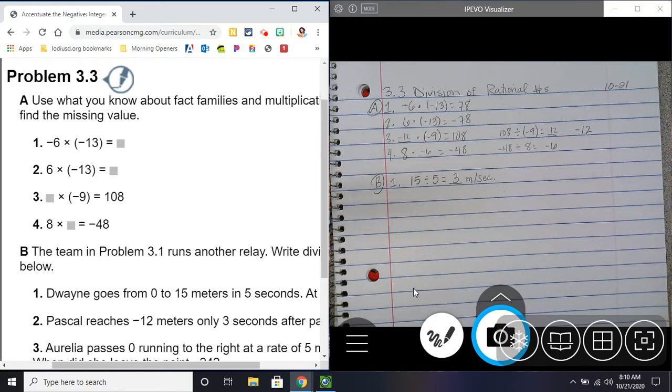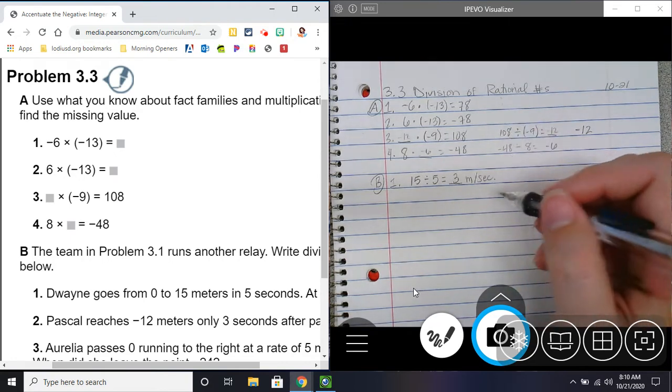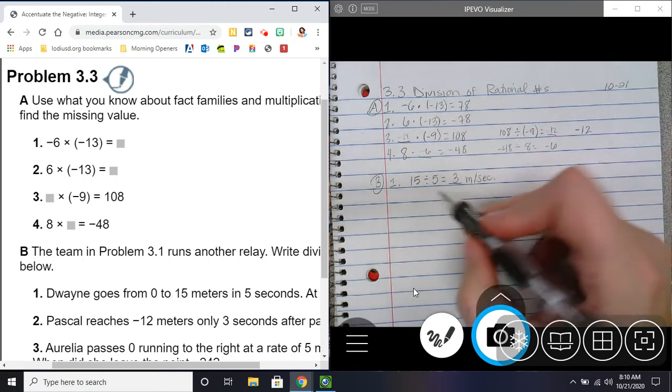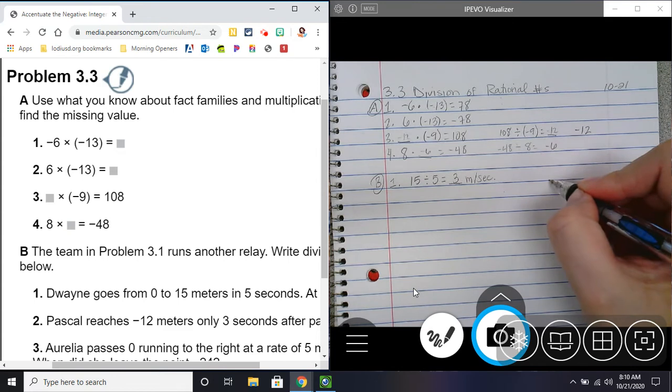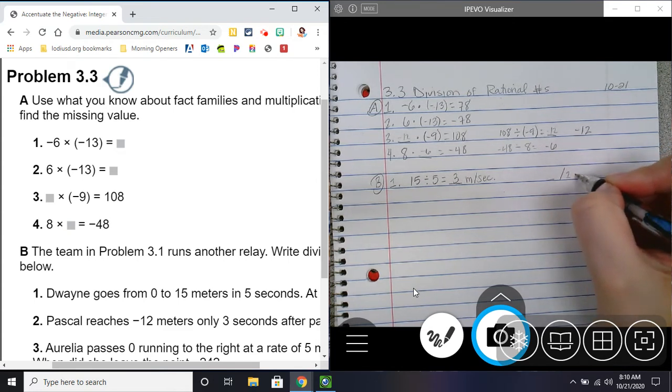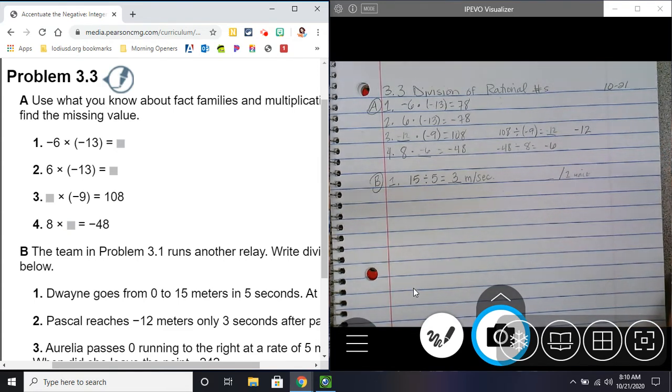Your question may be, how did you know how to do that? Again, whenever you're dividing, you are trying to get some number out of one unit. That's like the whole point of division.